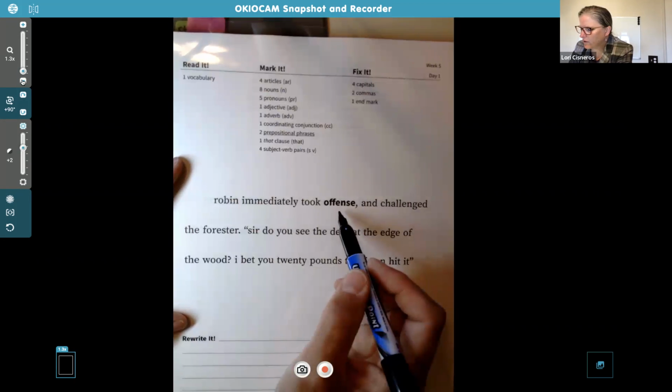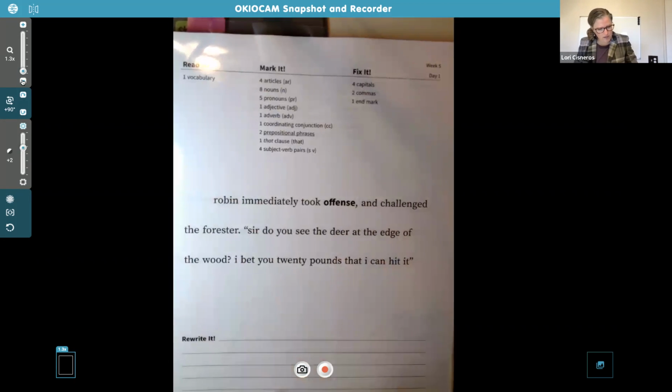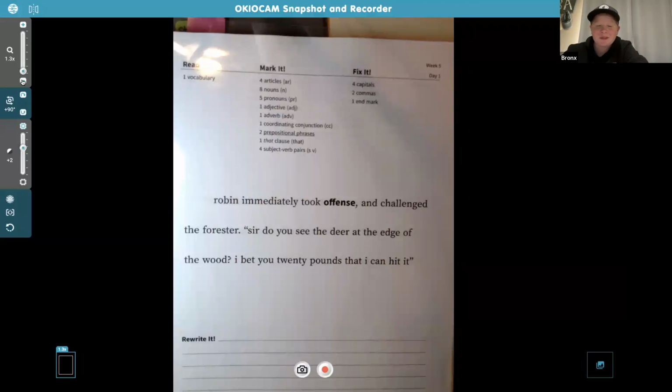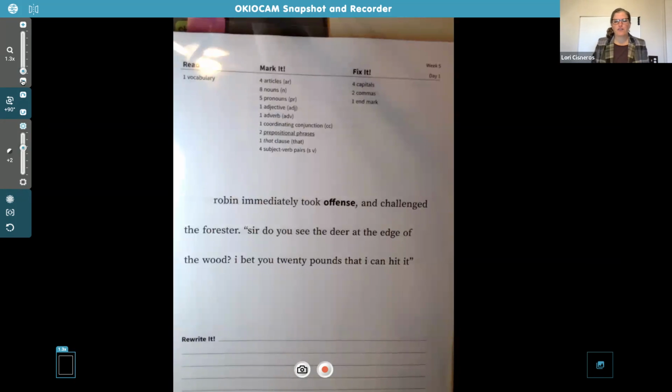So our vocabulary word is offense. Does anybody know if they can define that word offense? Like they're offended, or like, it's kind of hard to describe it. Isn't that funny? It's like you know in your head what it means, but trying to figure out how to describe it. And I know what you mean. Maybe like resentment. You know what resent means?